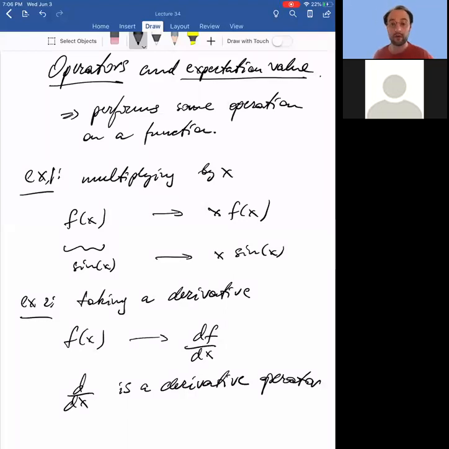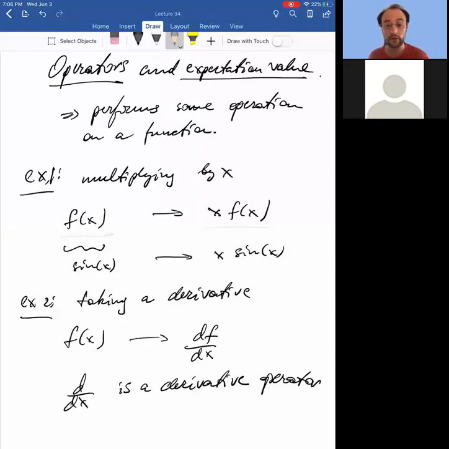But what's an operator? An operator is something that performs some operation on a function. So for example, multiplying a function by x is an operation. So you start with f of x, and you end up with x times f of x.